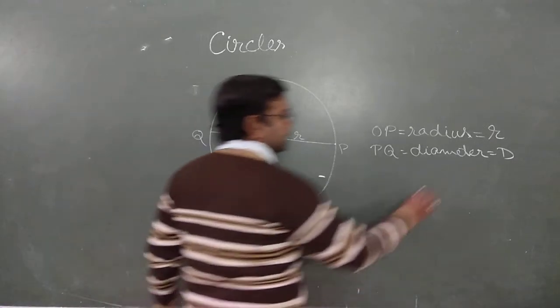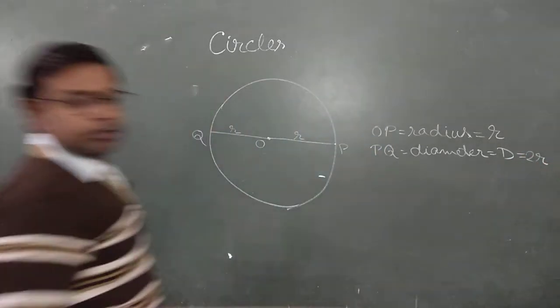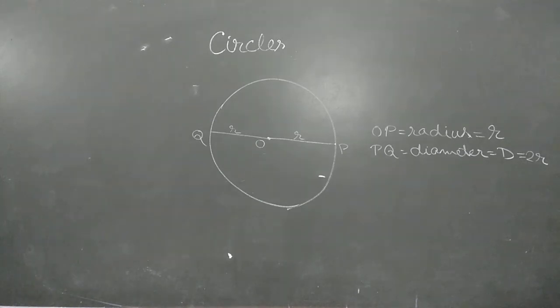So we can easily write D is 2r, double the radius. Hope this one is clear to you.